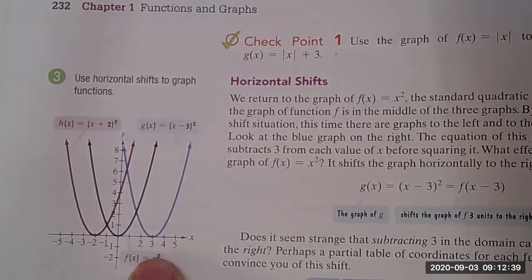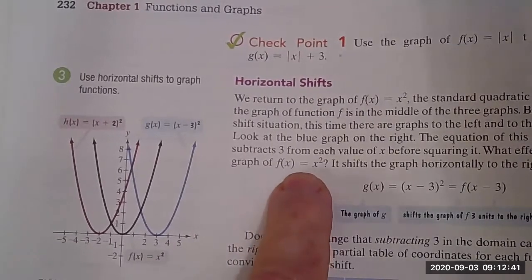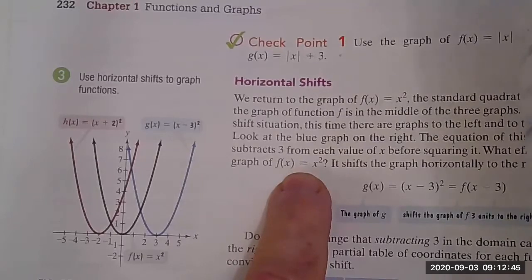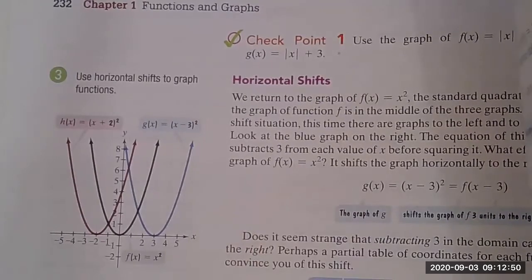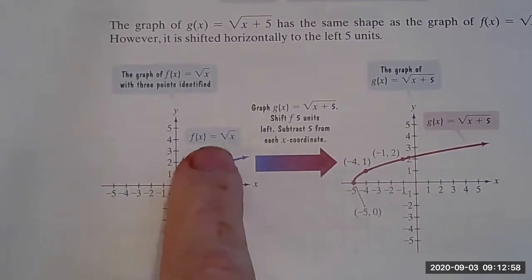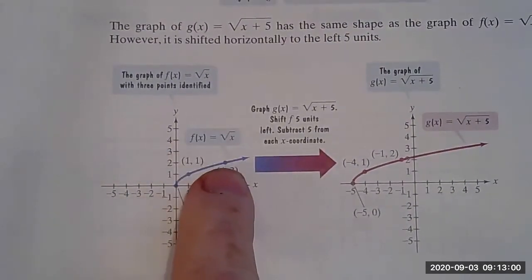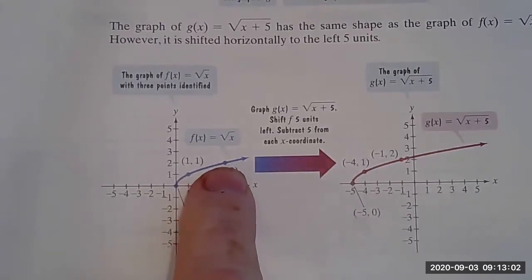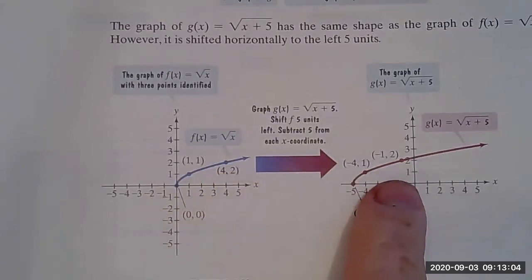They even say here, hey, look at the graph of x squared, just base function x squared. Or look at the graph of f of x equals absolute value of x, base function. Or look at the graph of y equals square root of x, the base function. And then what happens here in comparison?